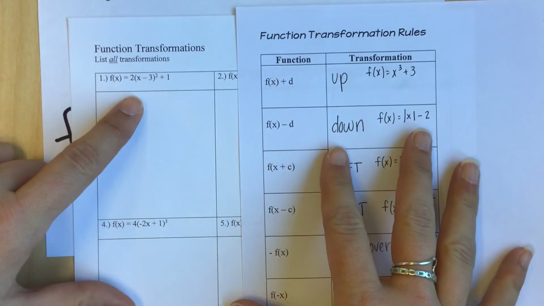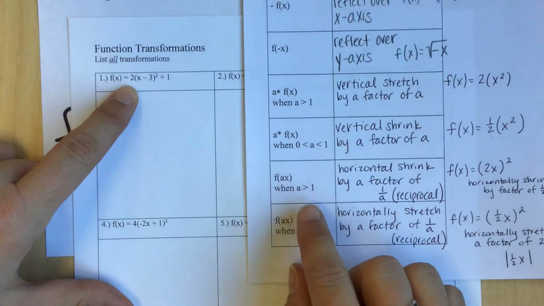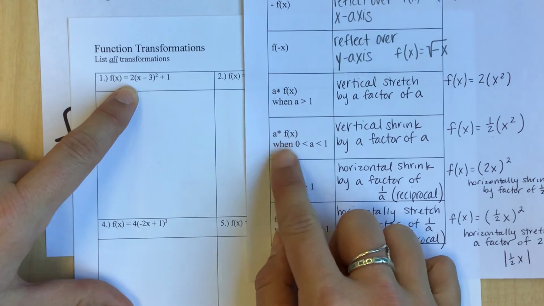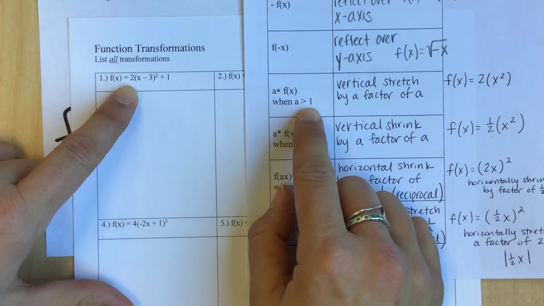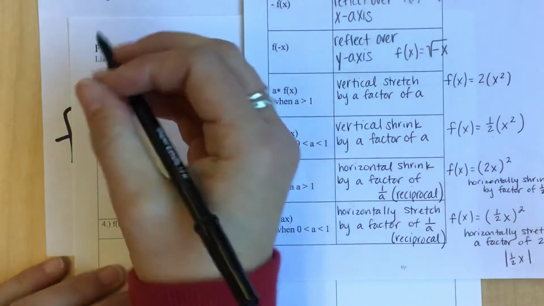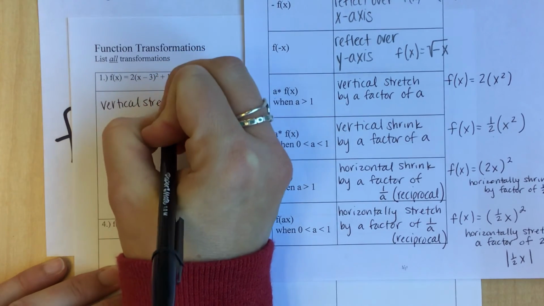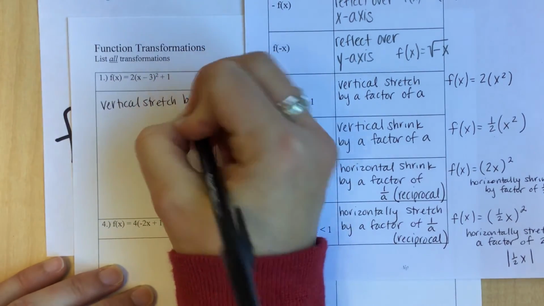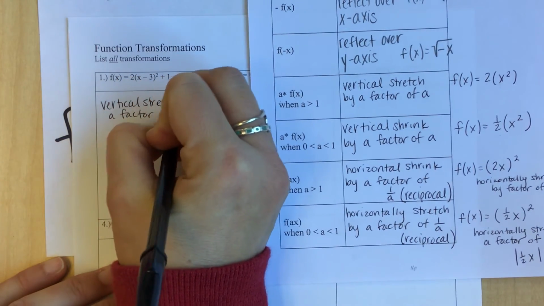If we did this first one together, I have a 2 out front. I'm multiplying out front by 2, and my A is bigger than 1. So we would say on that one, we have a vertical stretch by a factor of 2.